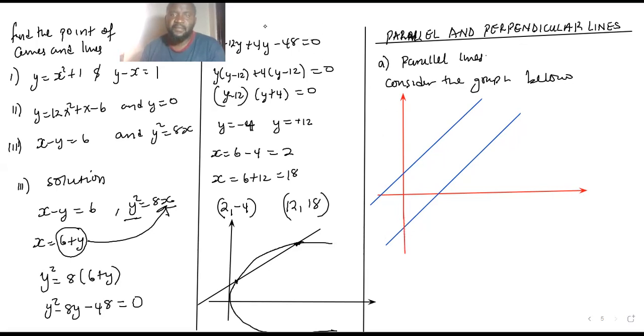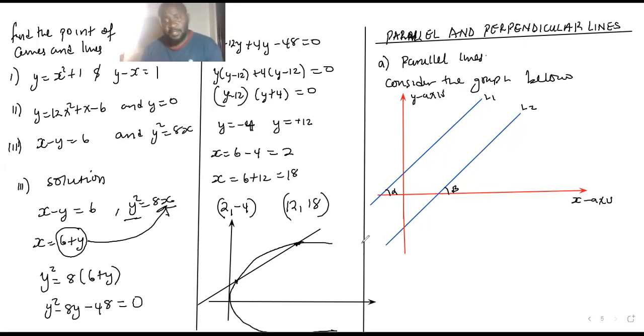Then I can have the following. This line can be at an angle alpha, and this one at an angle beta. This is our x-axis, this is our y-axis. This is line 1, this is line 2. Now, you will see that the lines L1 and L2 are inclined at the same angle to the x-axis.